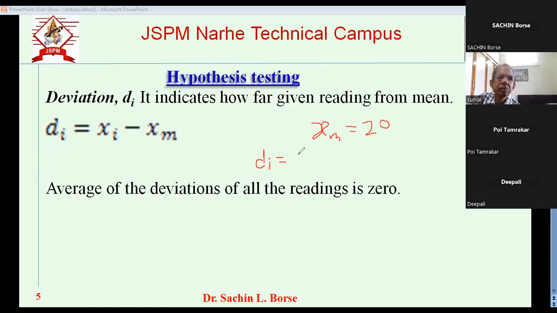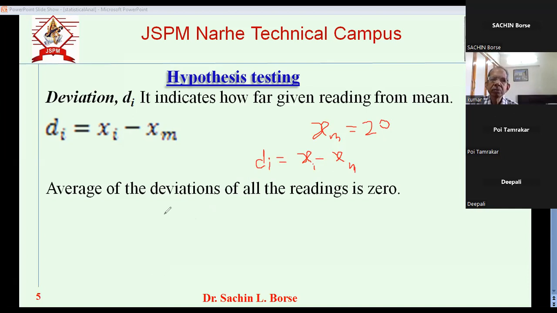So it is Xi, any reading minus the mean reading. That is called the deviation. From this deviation, we can calculate the standard deviation.